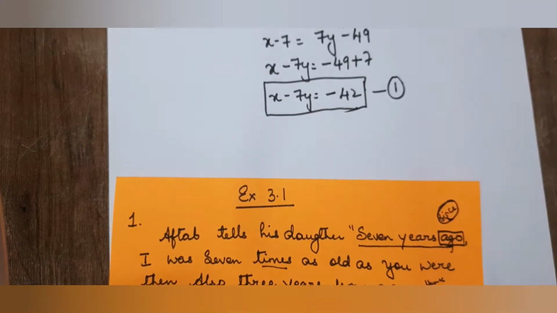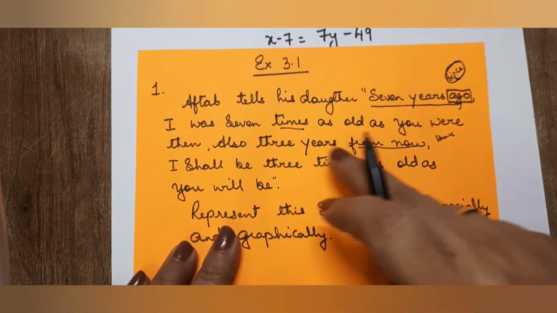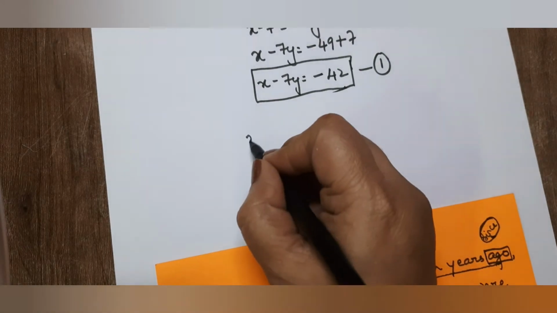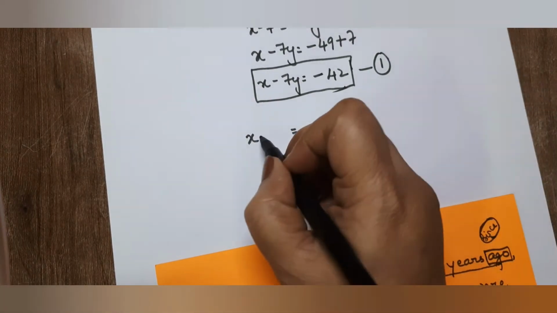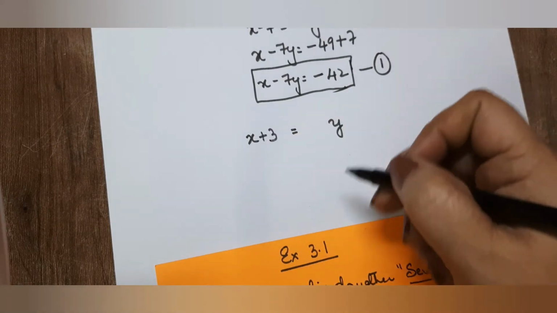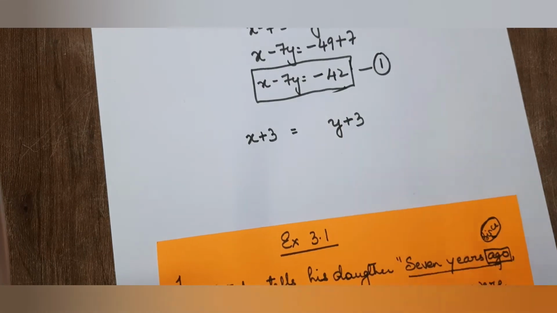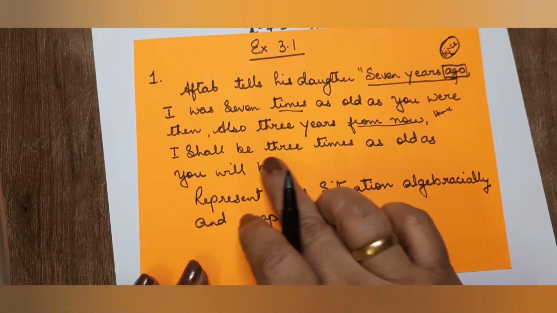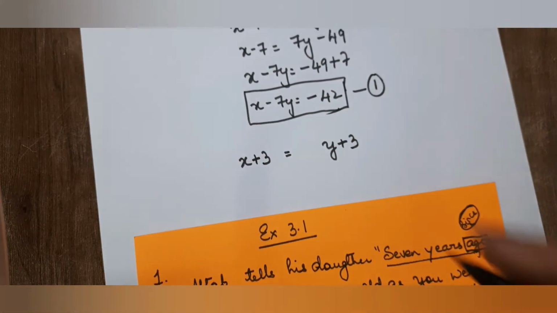Equation 1. Likewise in the second case he also says 3 years from now. Again we will start with our trick, that is Aftab equal to daughter, not possible, plus 3 from now, 3 years from now, this also is not possible. But he says something else, that I shall be 3 times as old as you. 3 times means multiplication.